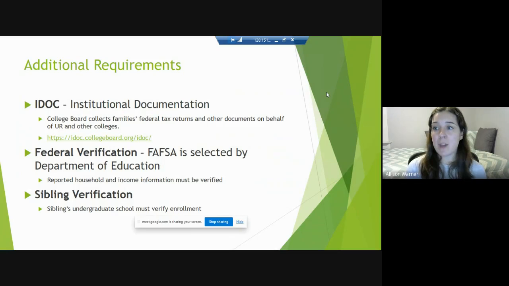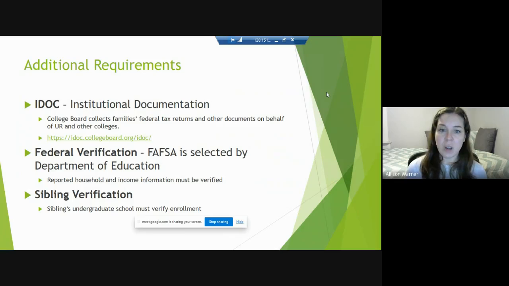Another common thing that a lot of students do run into is the federal verification process. That is essentially when your FAFSA student aid report is selected by the Department of Education for that academic year. About 1 in 3 students are selected annually, and it's really not necessarily because a family did something wrong or completed their FAFSA incorrectly.